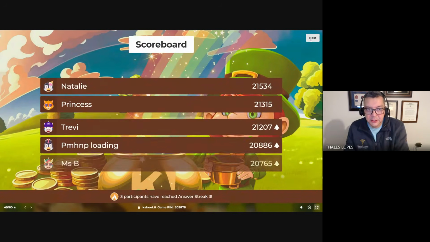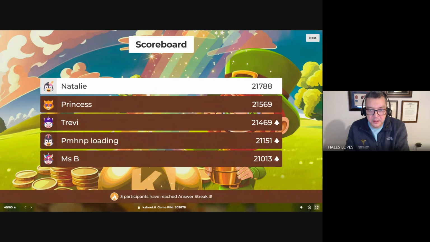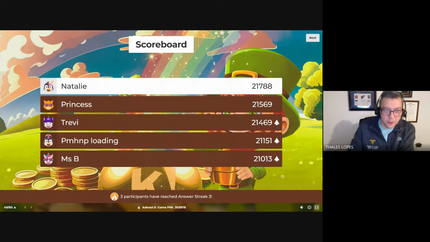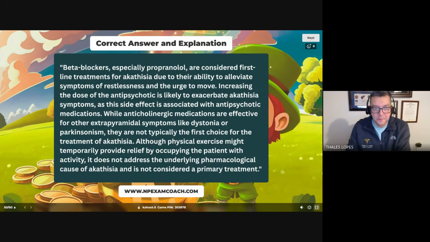Okay, for akathisia. Akinesia, then Cogentin. Akathisia, propranolol. If you increase the dose of antipsychotics, you're going to cause more akathisia. Akathisia, right? So for that, you really want to consider propranolol.